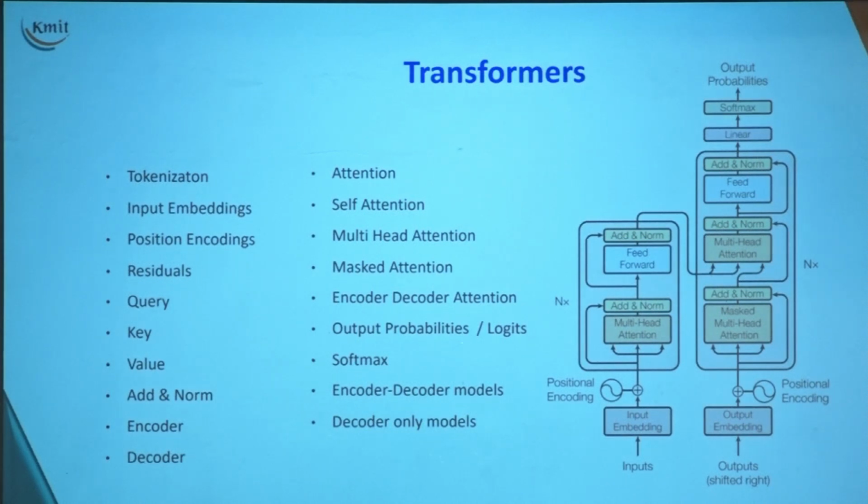We have seen what is tokenization, what are input embeddings, what are positional encodings. And then we have seen the attention block where we start with generating query, key, value matrices, and then the self-attention mechanism applied to it, and then add and normalize, and then we have seen an encoder.